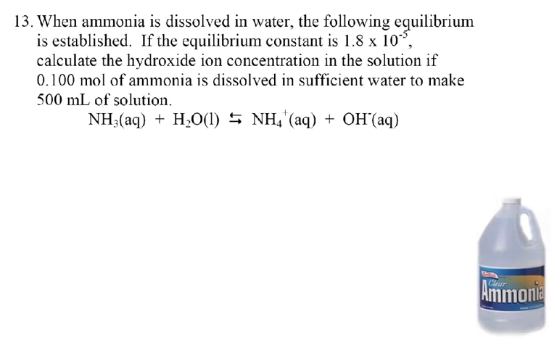Okay, this last problem goes back to some things we did over the summer, and the idea is, remember, we were testing household products, and one of the ones we tested was ammonia, and we found out that when we tested it, we added a little bit of cabbage juice to it, and we ended up with a blue-green color for our cabbage juice. Okay, so it was definitely a base.